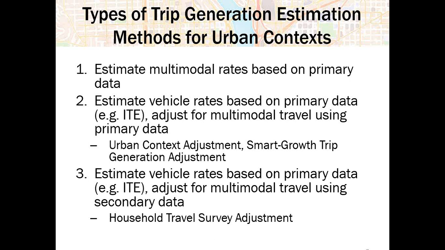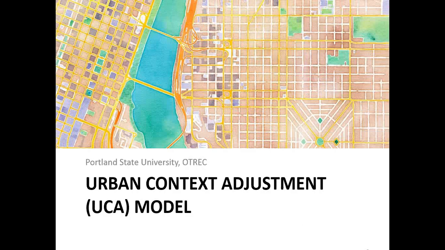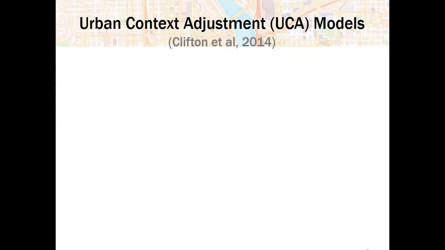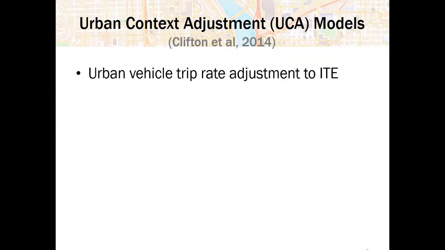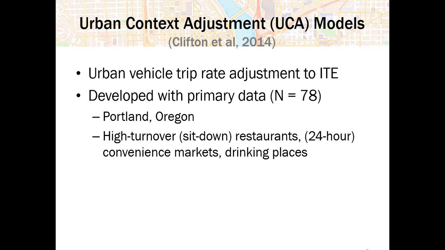So first we're going to start with the urban context adjustment, developed at Portland under OTREC. As I said before, the urban context adjustment is an urban vehicle trip rate adjustment to ITE. So we're going to calculate the ITE vehicle trip rate, and then we're going to adjust for urban context.